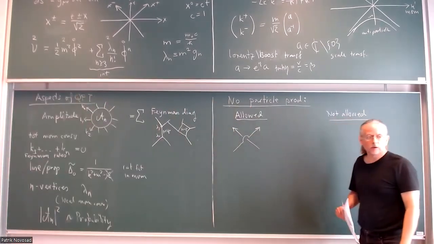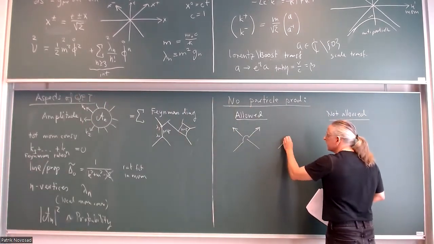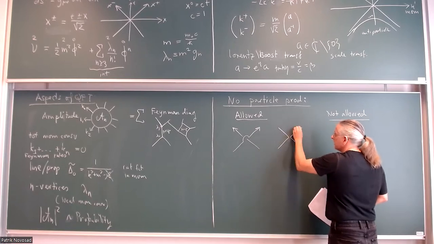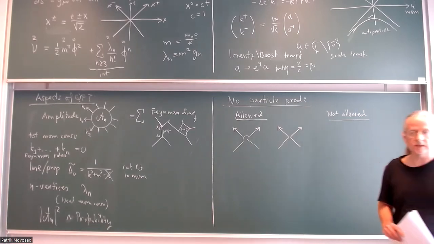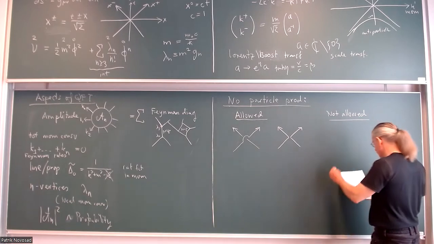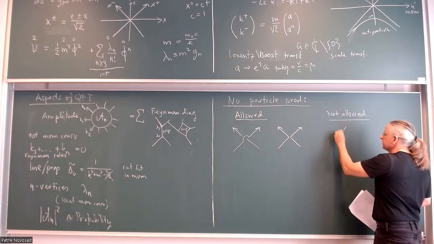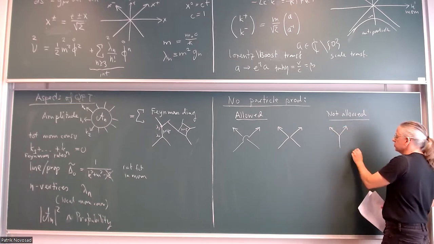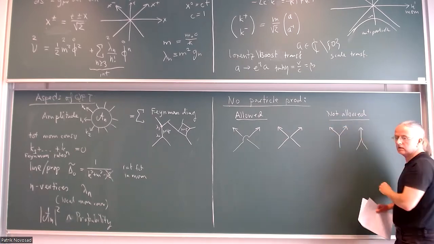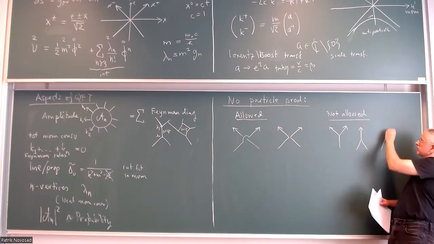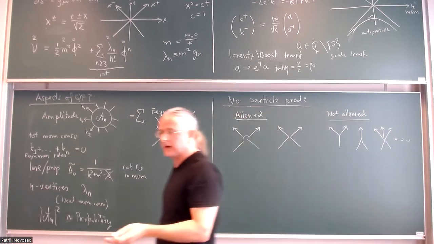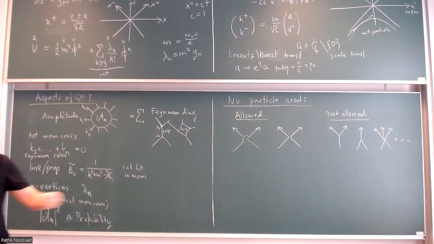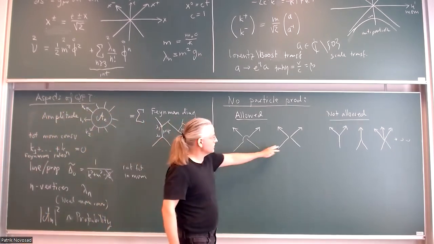This would be allowed. Or they could scatter off each other elastically. So these are allowed processes. What is not allowed is that you take one particle that becomes two particles, or two particles that become one particle, or two particles that become three particles, and so on. Does that make sense? So that's what I mean by the theory should have no particle production. The only thing is that these types are allowed.